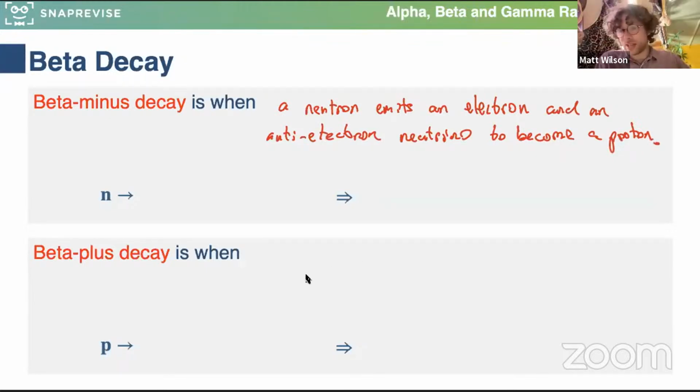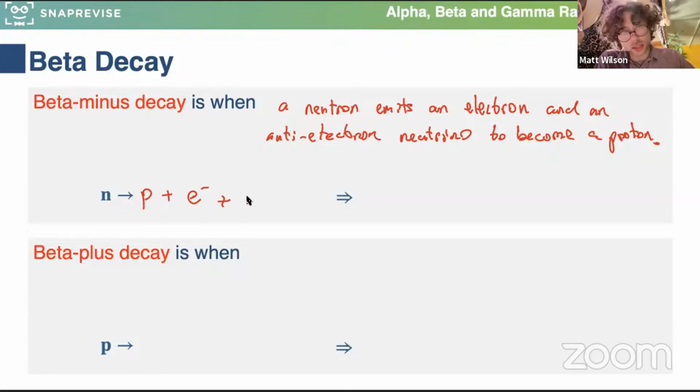Let's write it down in symbols. So we have a neutron here, and we say a neutron emits an electron and an electron neutrino to become a proton. Sure. So let's start with the proton just here. It emits an electron, so let's add that one in. Here is our electron.